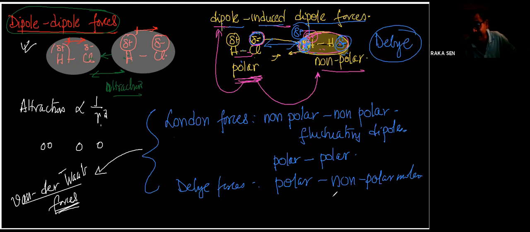So whatever we are going to discuss is important for now and important in future too. So we are going to talk about the London forces, and the factors upon which London forces depend.